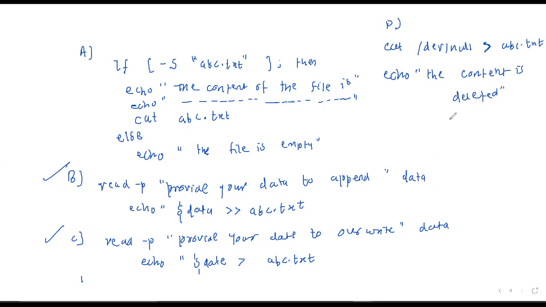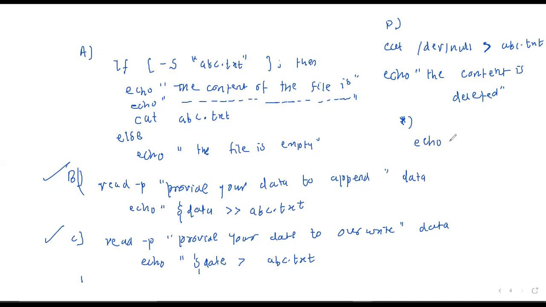After writing this, we have the last case. Suppose you have not entered A, B, C, or D, you have entered, say, E, which is not an option.